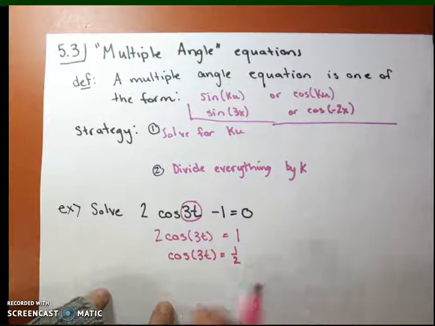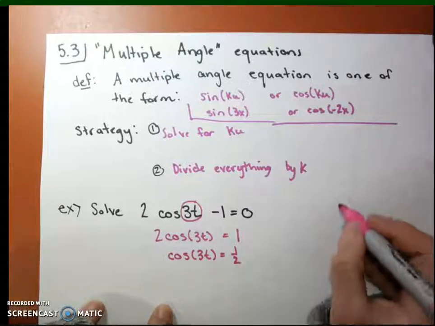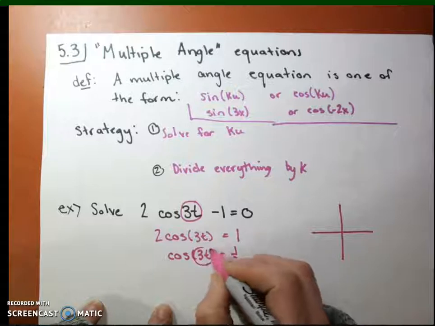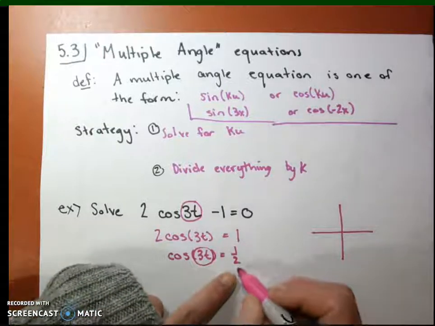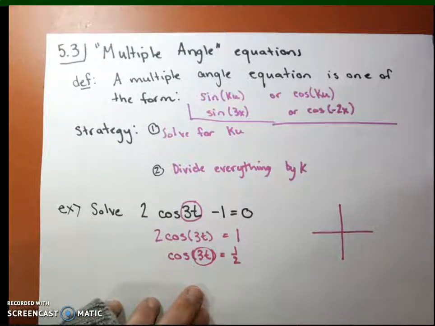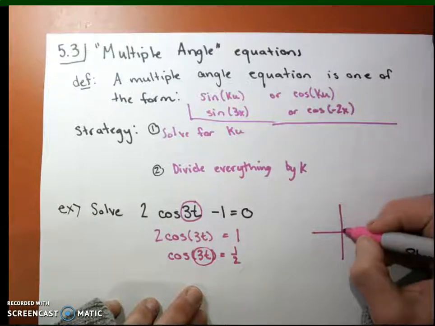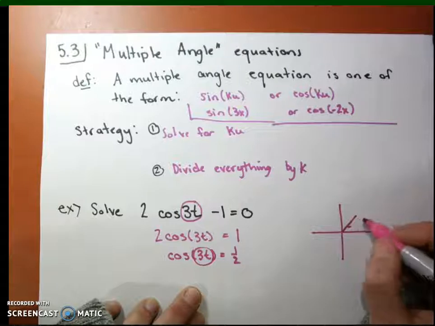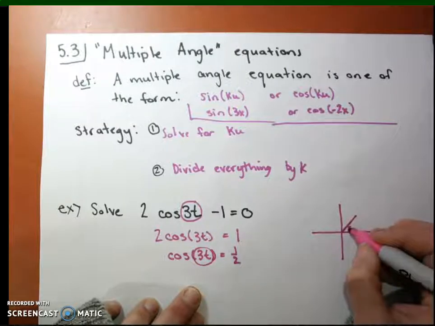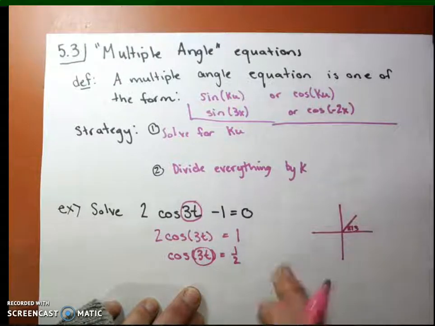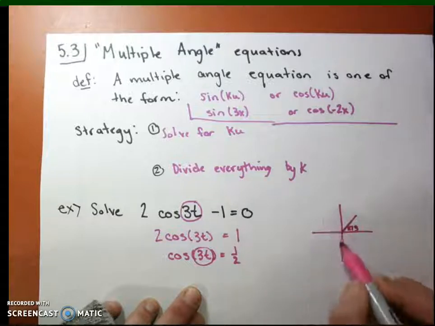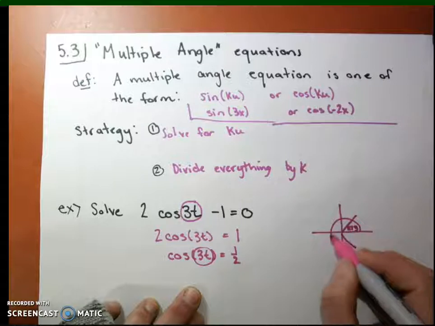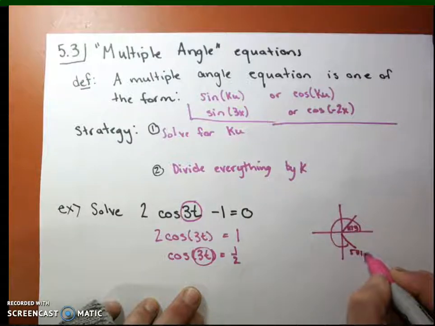And now I'm trying to figure out what angle, which is going to be 3t, has cosine equal to a half. So if I'm in the first quadrant, that'll be pi over 3. Cosine is also positive in quadrant 4, and so my other answer is 5 pi over 3.